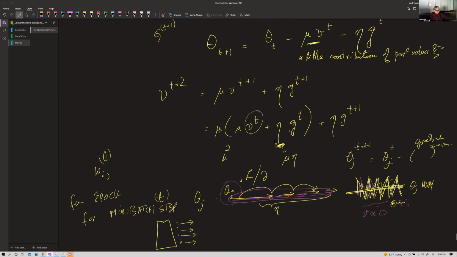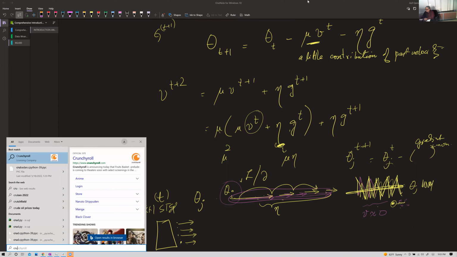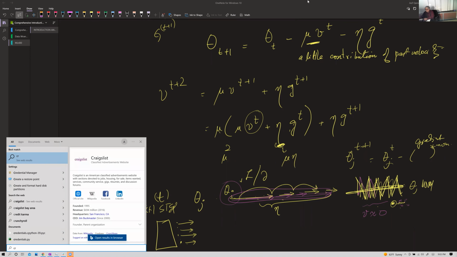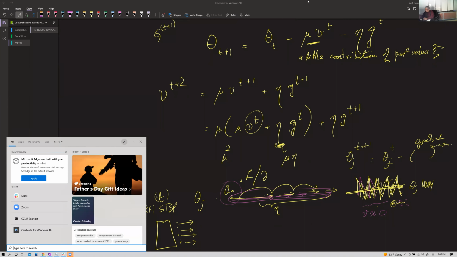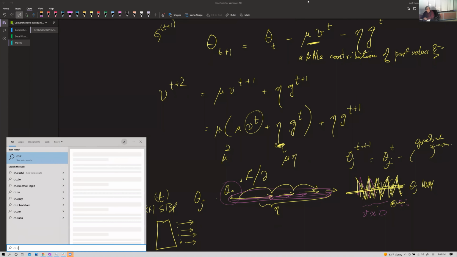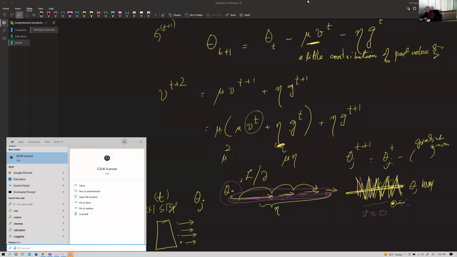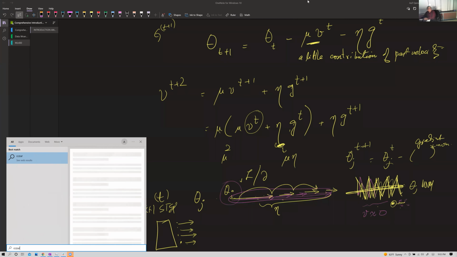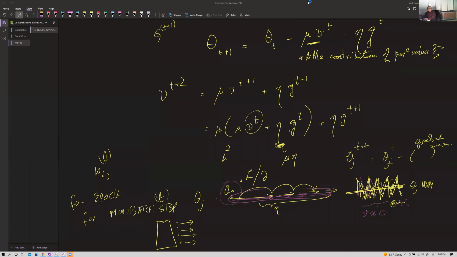Now, let me bring up this application. What is it called? CZUR scanner.